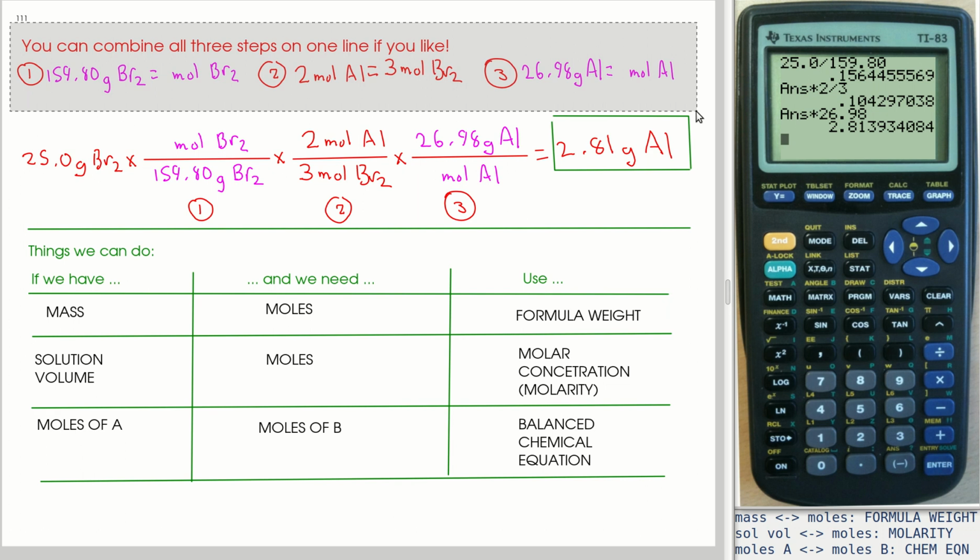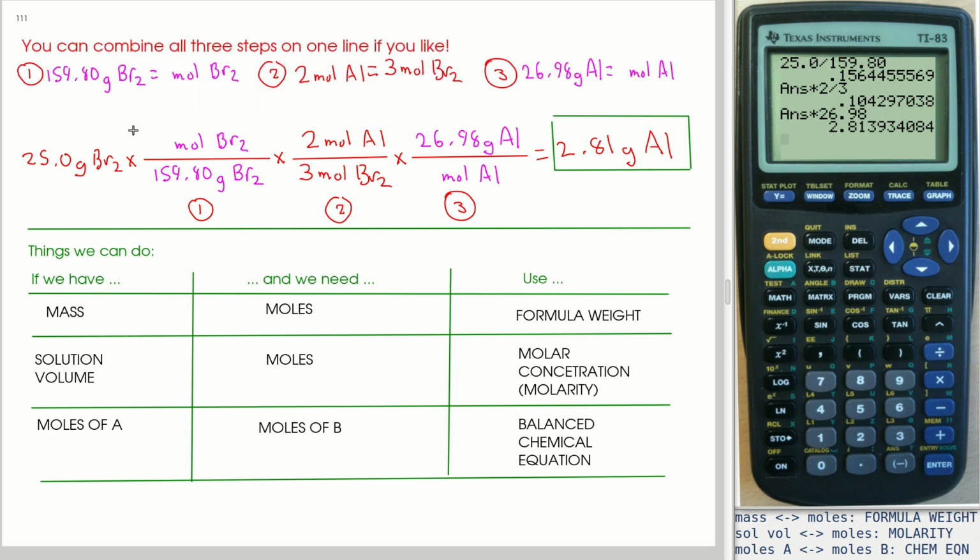If you don't write the factors down, then it's actually difficult to set these things up properly, because you lose track of what number goes where. If you have the factors written out, then it's pretty obvious, hey, in my first step, I'm trying to cancel out grams. Let's put grams on the bottom, moles on the top. It makes it a lot easier when those factors are staring you in the face. So always write the factors down.